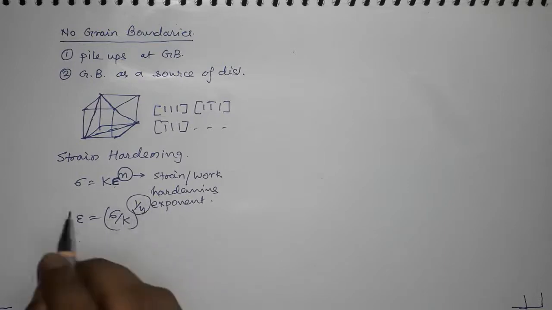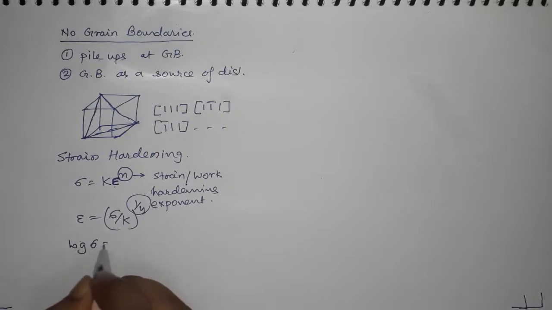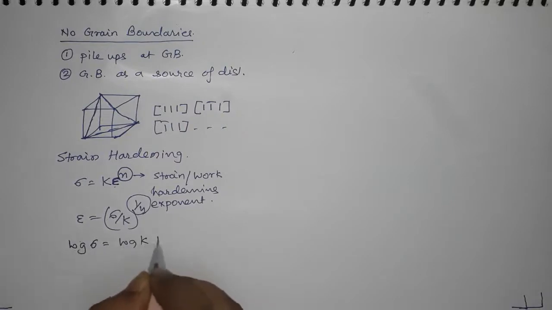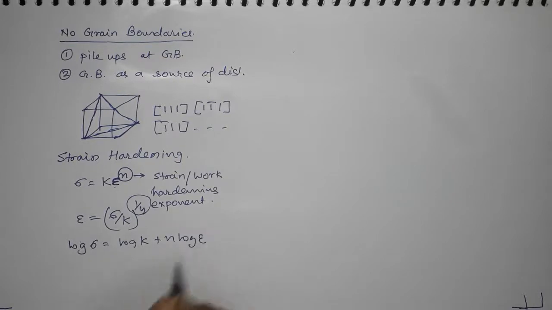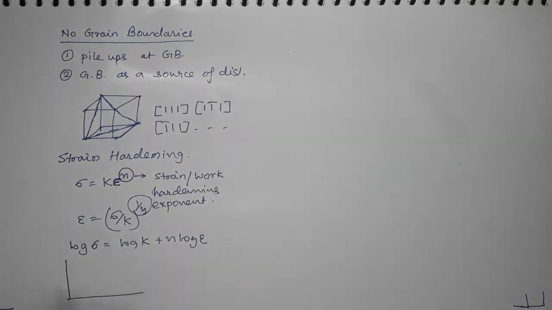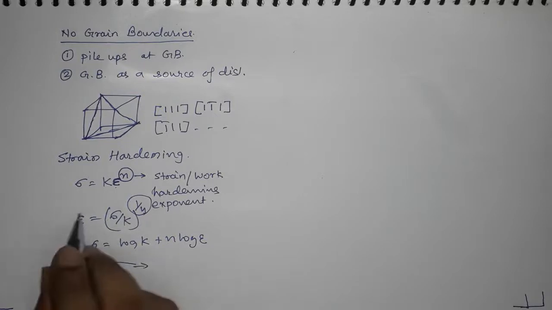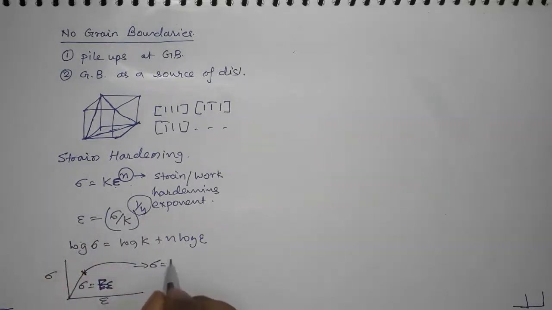So if you plot log of sigma is equal to log of k plus n log of epsilon, then the non-linear part of our stress strain curve, so initially it is linear, then it becomes non-linear, right? So the linear part is described by Hooke's law, which is sigma is equal to elastic modulus into epsilon, and then the rest of the part is described by this equation, k into epsilon to the power n.